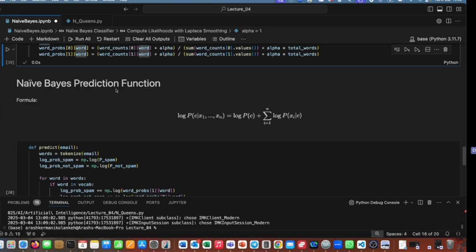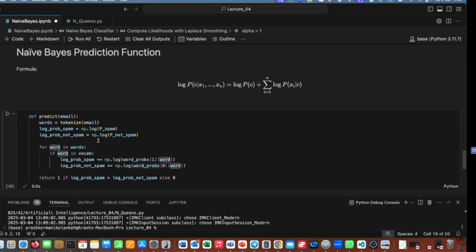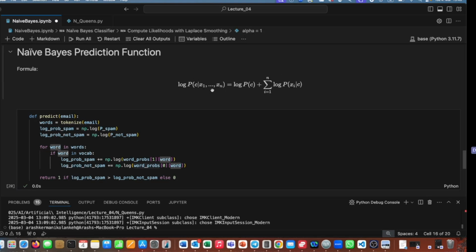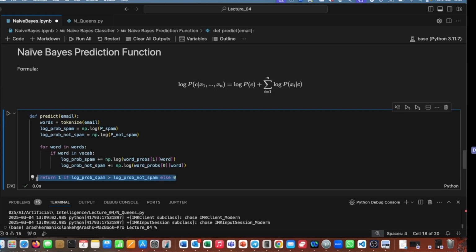Then after that, you can do prediction. Prediction means calculating the probability. So what does it mean? What do we have here? This is the probability of one class. What is happening here at the end is the argmax. So let's go to the code and see what's happening.